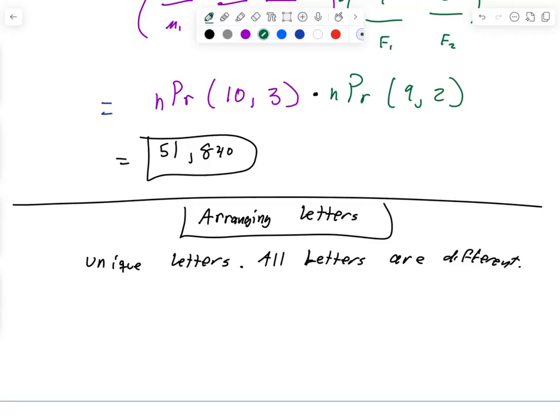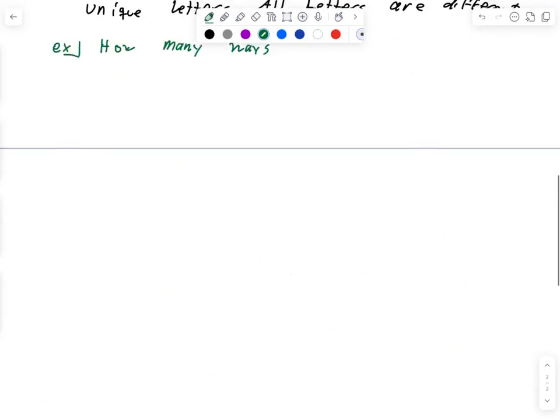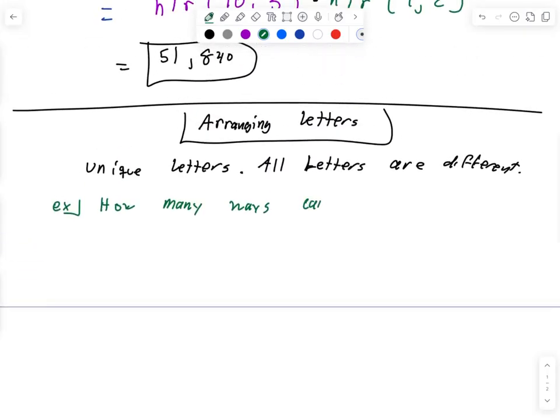So for example, how many orders or ways can we arrange the letters in the word boat?